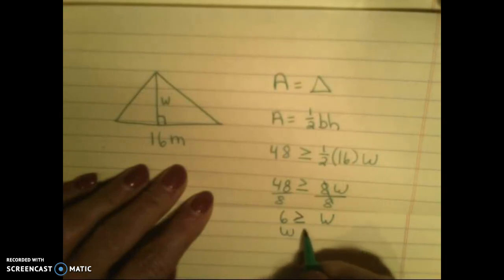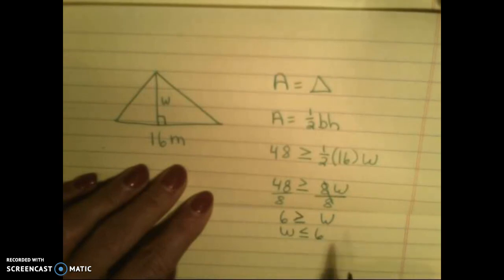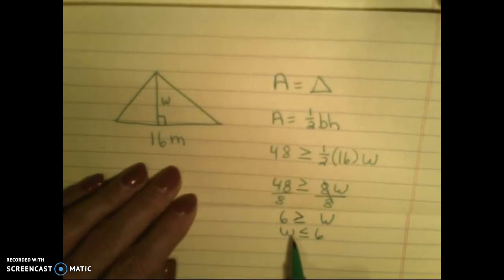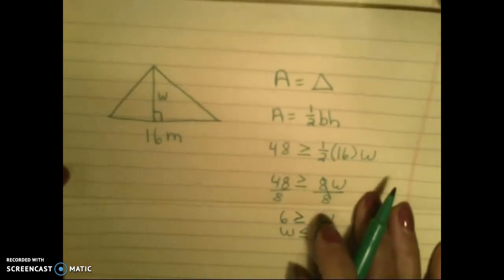I'm bringing the W here, I'll put the inequality here, and then the 6. They are exactly the same. There's nothing that has changed here. So I have 6 is greater than or equal to W. It is equal to: W is less than or equal to 6.